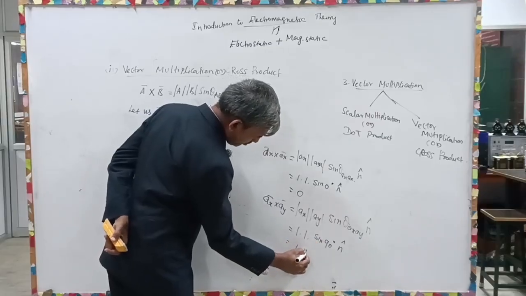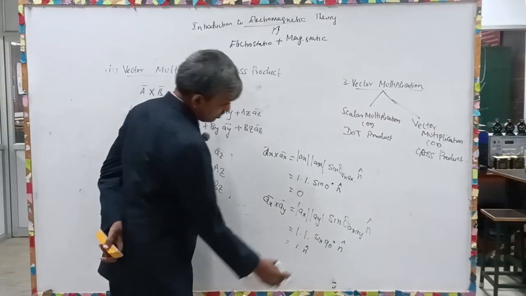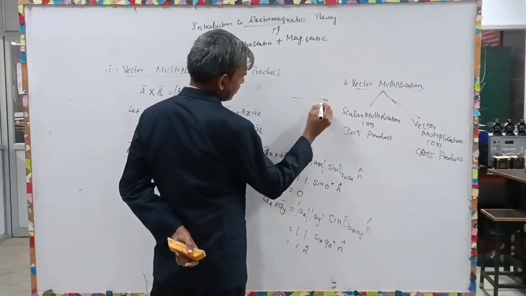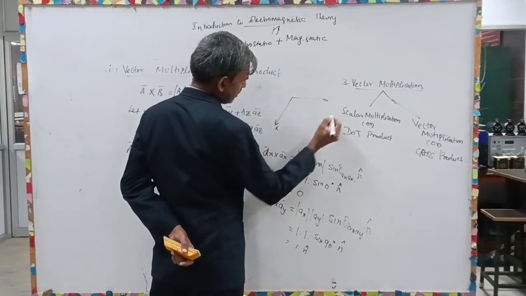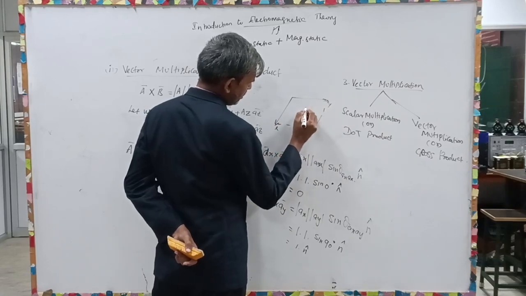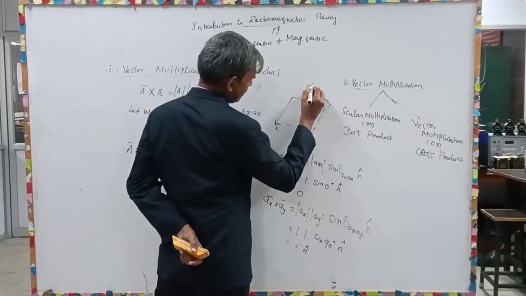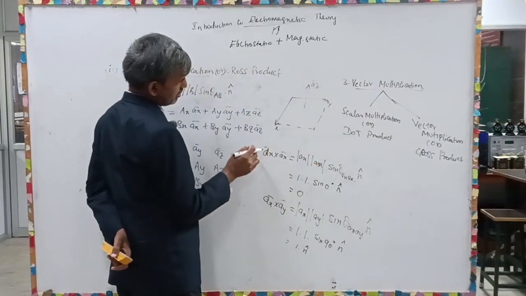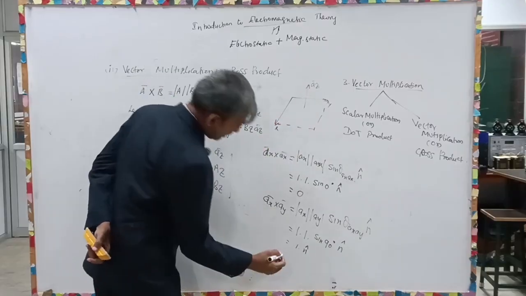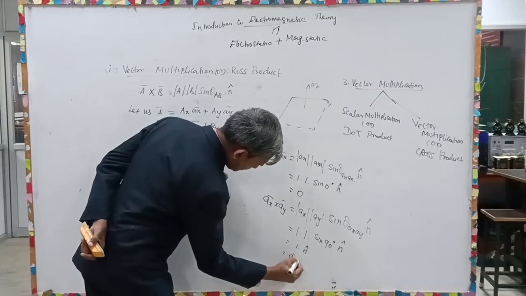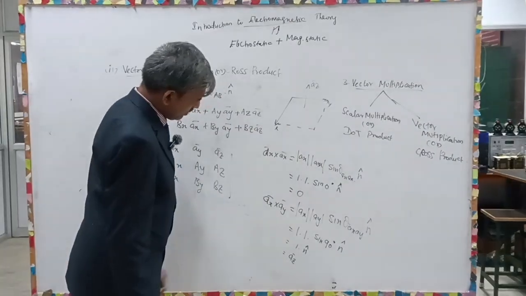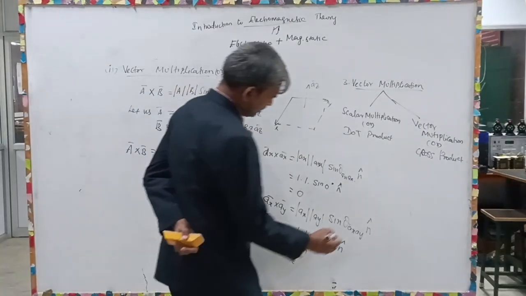So 1 into the unit normal vector. For example, this is the x-axis and this is the y-axis. Now the unit normal vector will be Az, since we are considering the x and y plane. The unit normal vector is Az. So we get Az. So this is the Ax cross Ay value.